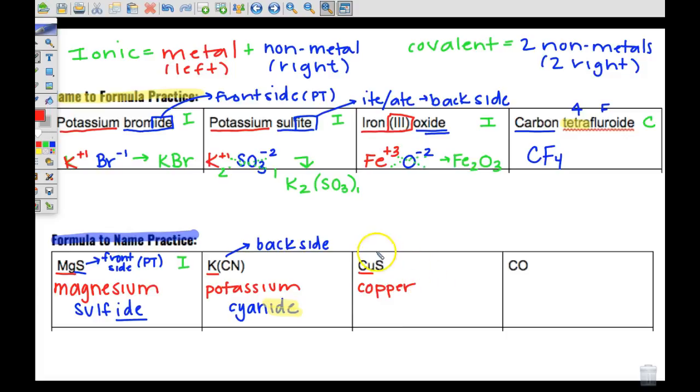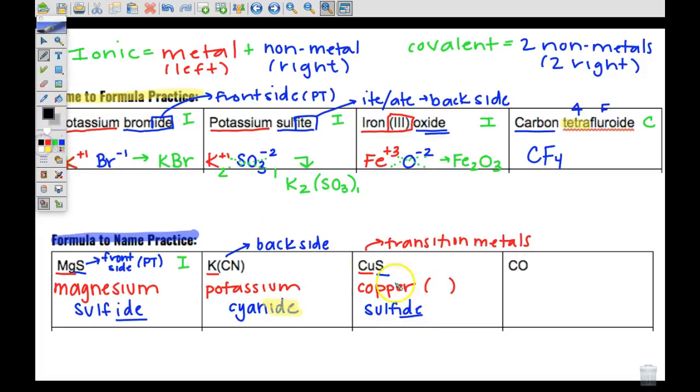Now, because it lives in the transition metals, I have to be wary of determining the charge, so I also know I'm going to need a set of parentheses in which I'll put Roman numerals in just a few moments. The anion, S, we've seen before, because it's a front side element, we know we must end in IDE.